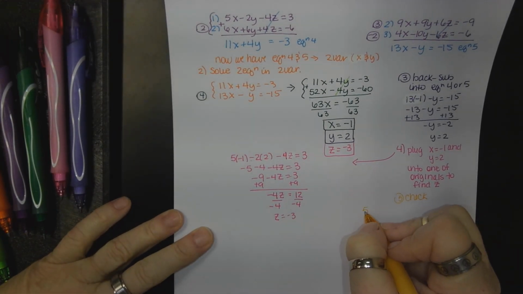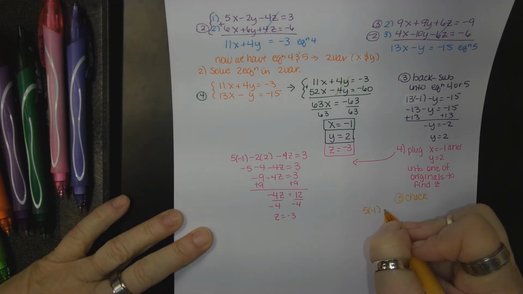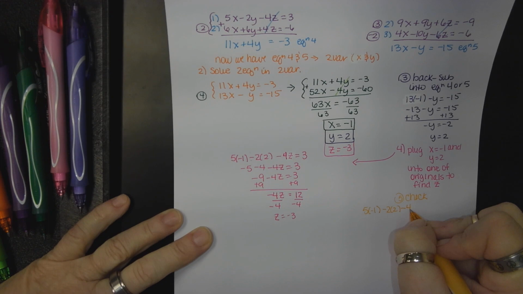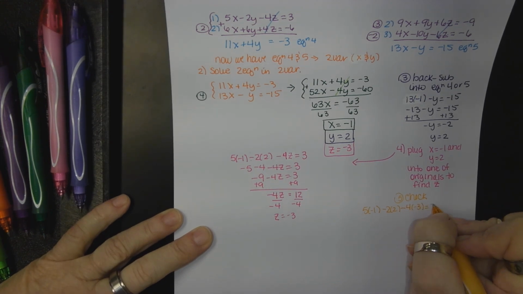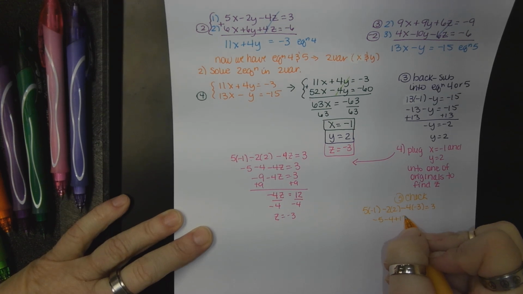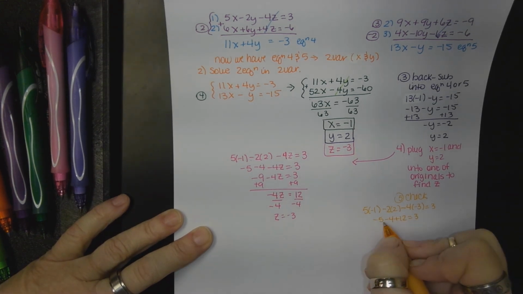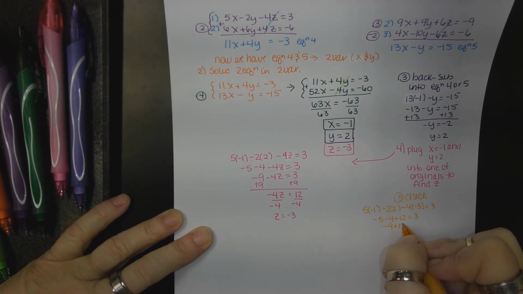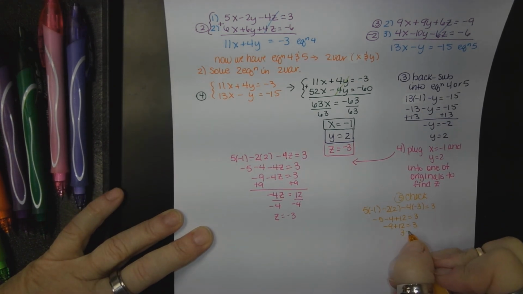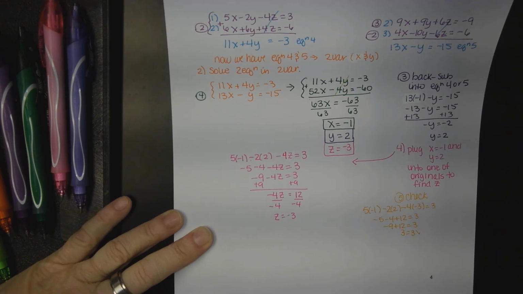So we're going to say 5 times negative 1 minus 2 times 2 minus 4 times negative 3 equals 3. And do the math. So it's negative 5 minus 4 plus 12 equals 3. Well, we know that's negative 9 plus 12 equals 3. And 3 equals 3. So we're golden there.